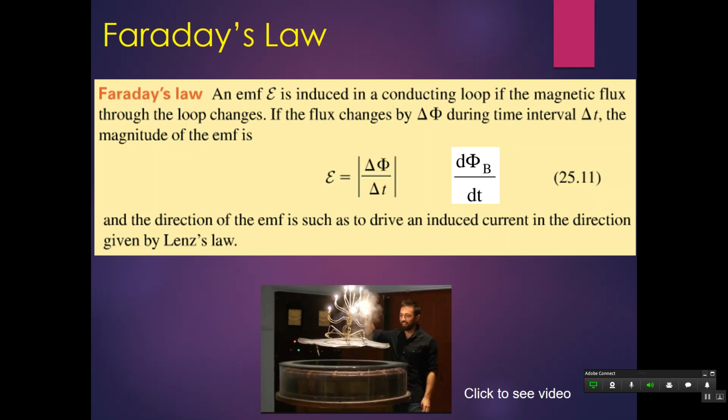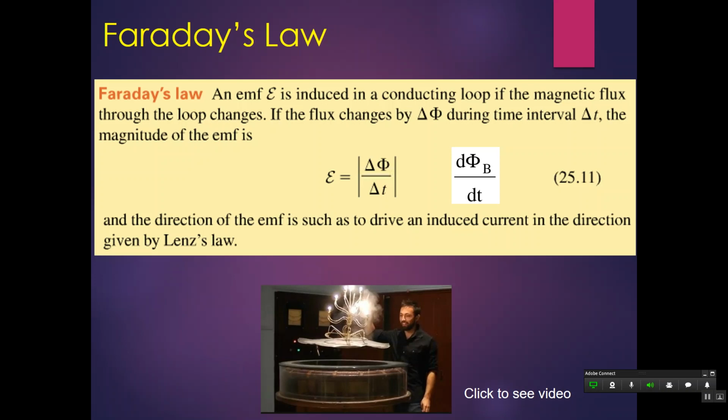So Faraday's law, now that we understand the idea of magnetic flux, states that in order to understand how much electromotive force is produced, you need to measure the change in flux.